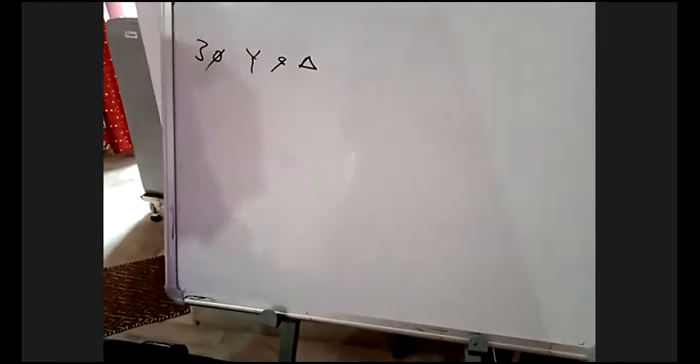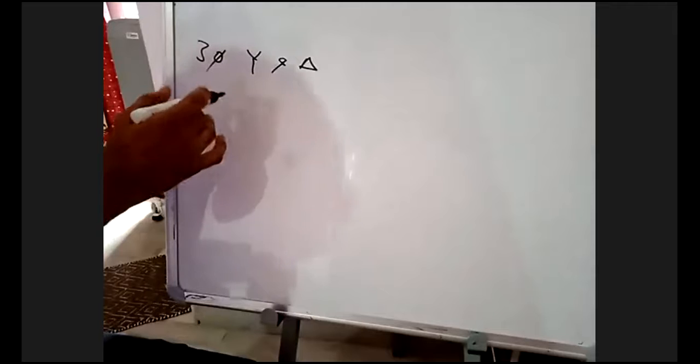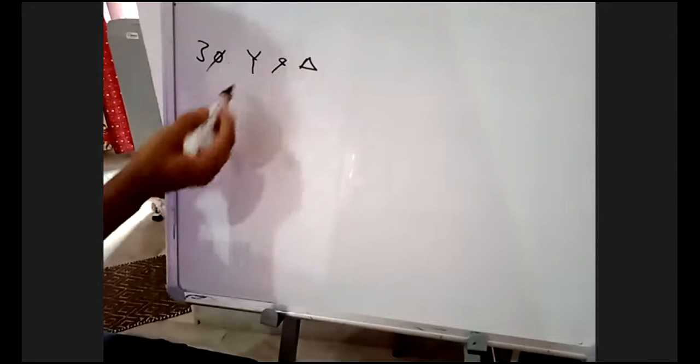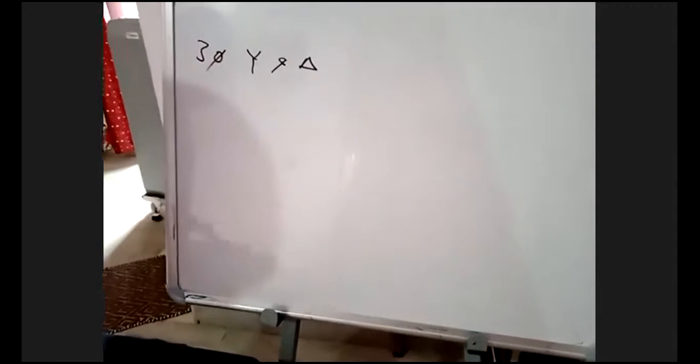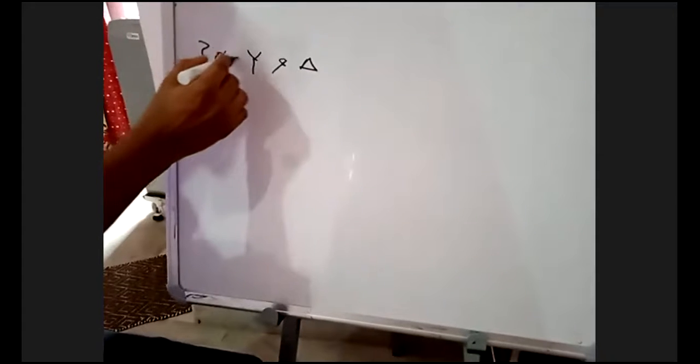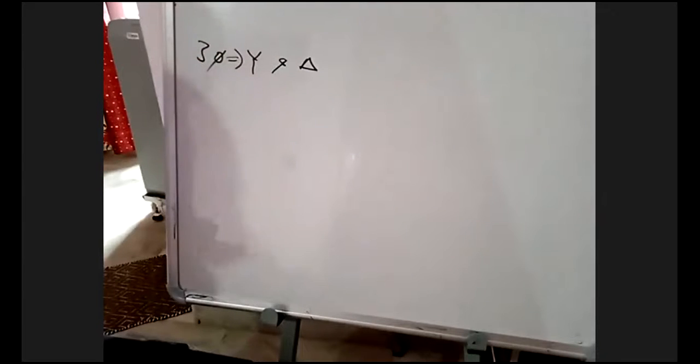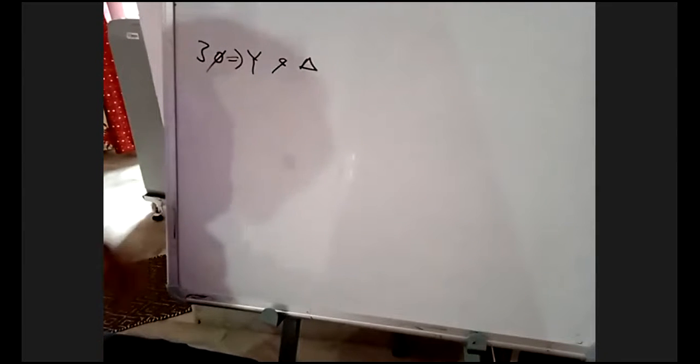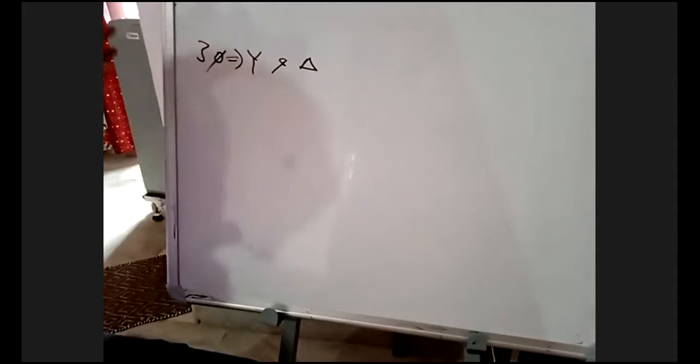Star network is represented like this. Delta network is represented like this. First you'll see star connection, then you'll go for the delta connection.